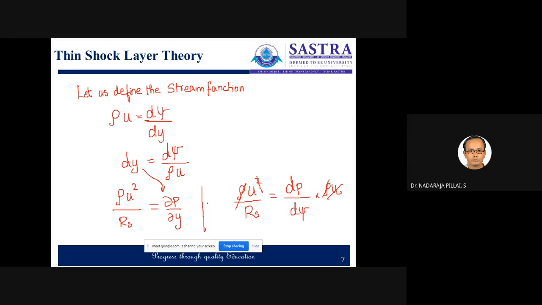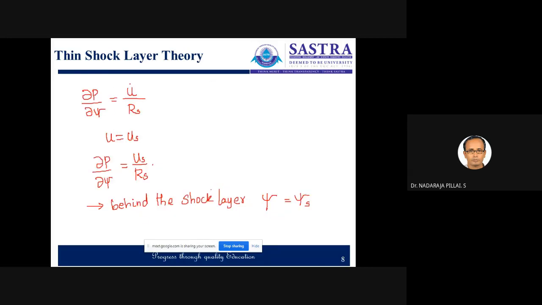So dy can be written as dψ/(ρu). When you substitute dy in this equation, we finally get ∂p/∂ψ is equal to u/r_s. And we know that the velocity on the shock and on the body are equal, hence we consider u is equal to u_s, and we write this equation.